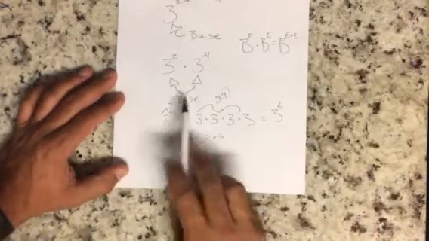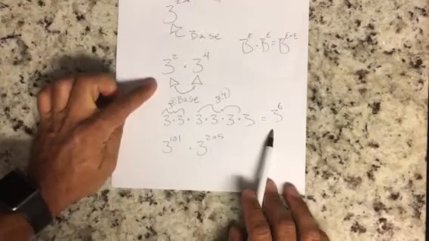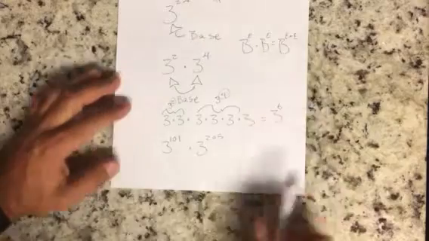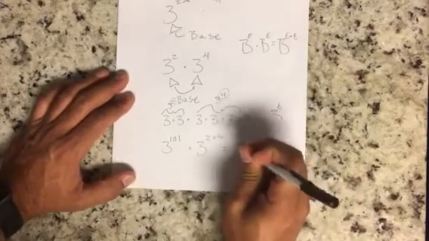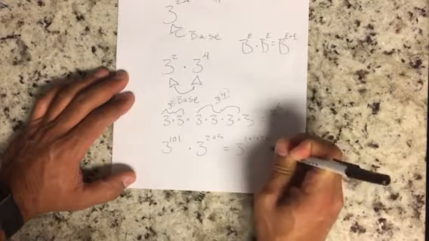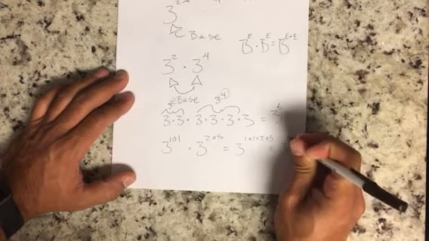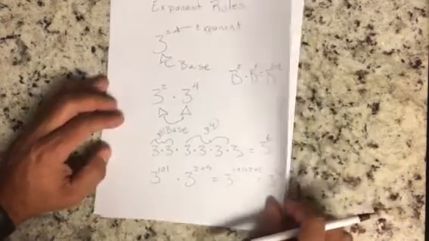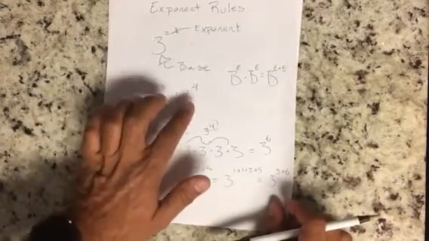Notice the base didn't change. The base still remains the same. And same thing here, it's going to become 3 to the power of 101 plus 205, which is 3 to the 306. So that's how we're doing these when we're multiplying the same base with an exponent.